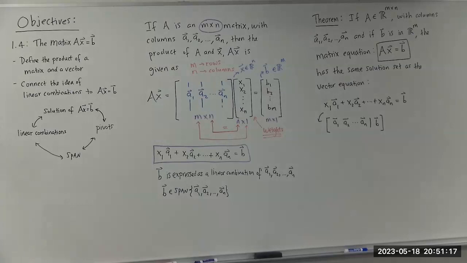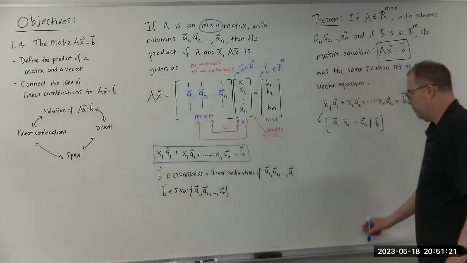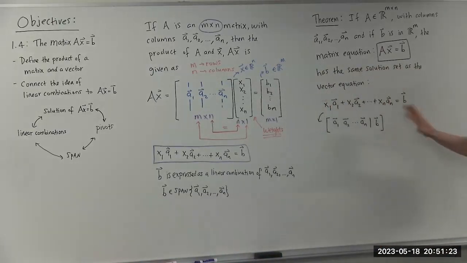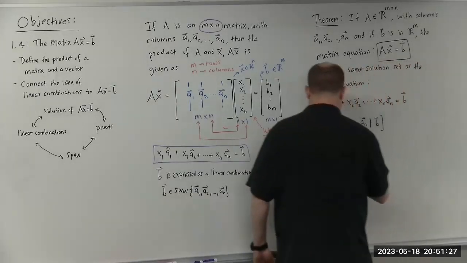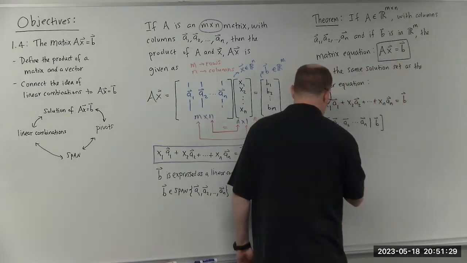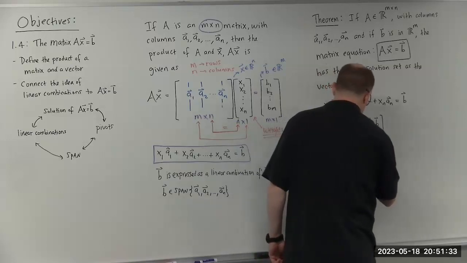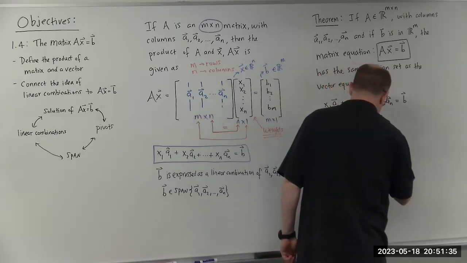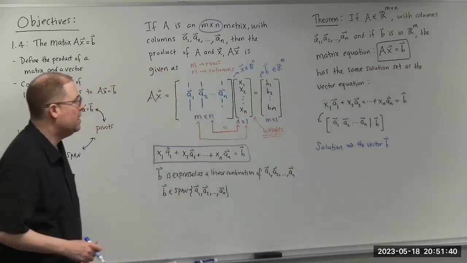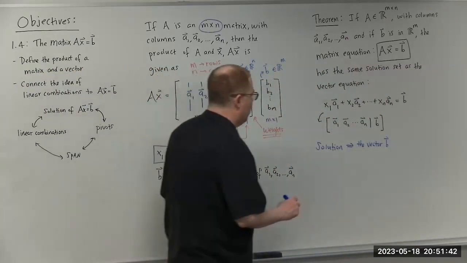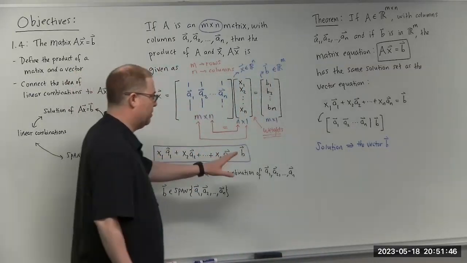All right. And so again, if there's a solution to this system, that basically says that the vector B can be expressed as a linear combination of A1, A2, dot, dot, A sub n.